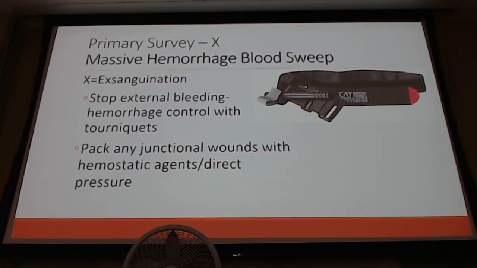If it's in a junctional area, which is what we call those axillary regions, your groin, places you can't put a tourniquet, we want to pack those wounds with some sort of hemostatic agent. Extremities, we need to put a tourniquet on there. The standard one in the military is the CAT tourniquet. This is standard in most hospitals too. In most trauma centers, you're going to have a CAT tourniquet by the bedside.